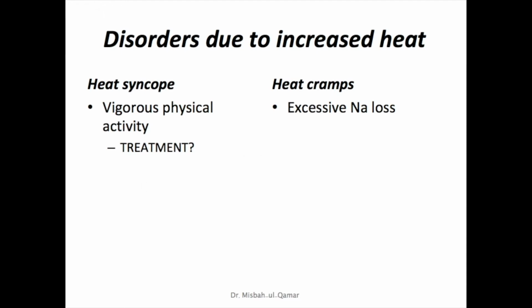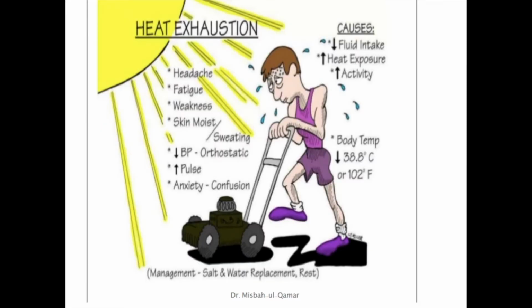The next one is heat exhaustion. This is due to the excessive loss of salts and water, and this excessive loss leads to hemoconcentration, which will result in hypovolemia and hypotension, of course. The other symptoms could be headache, vertigo, nausea, and ultimately the patient collapses because there is less blood supply to the brain.